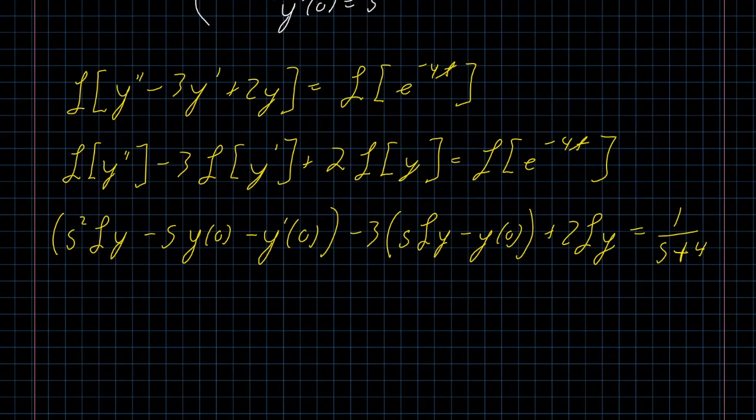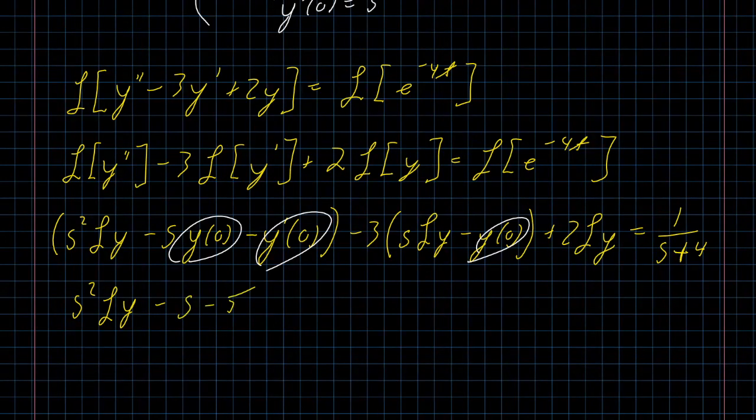Now, the reason that we cared about initial value problems: looking at my initial conditions, I can fill in these values. y of 0 is 1, y prime of 0 is 5. So I've got s squared times the Laplace transform of y, minus 1 times s, minus 5.